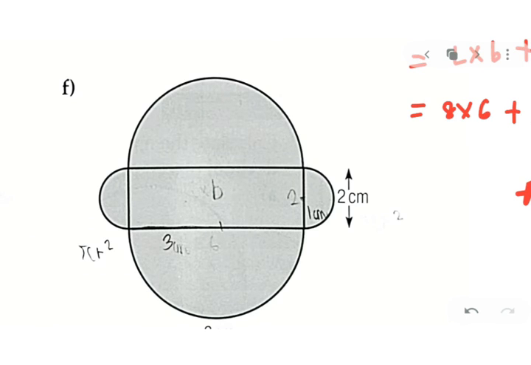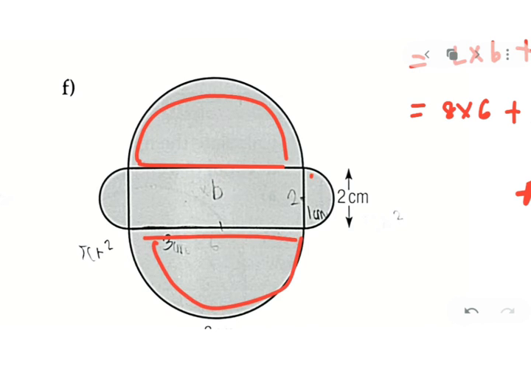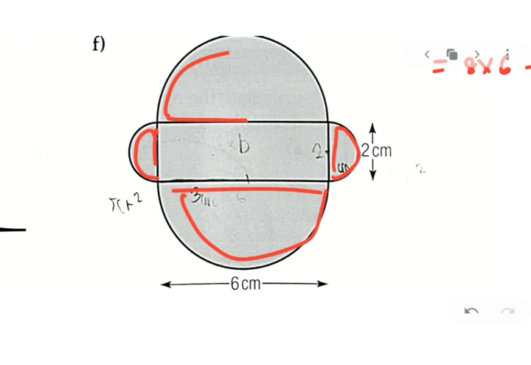Now if you notice here, we have a semicircle, this, and this. 4 semicircles are there. Let me check what measurements are given here. Okay, if you notice, this 6 represents the length of your rectangle. So this is 6.